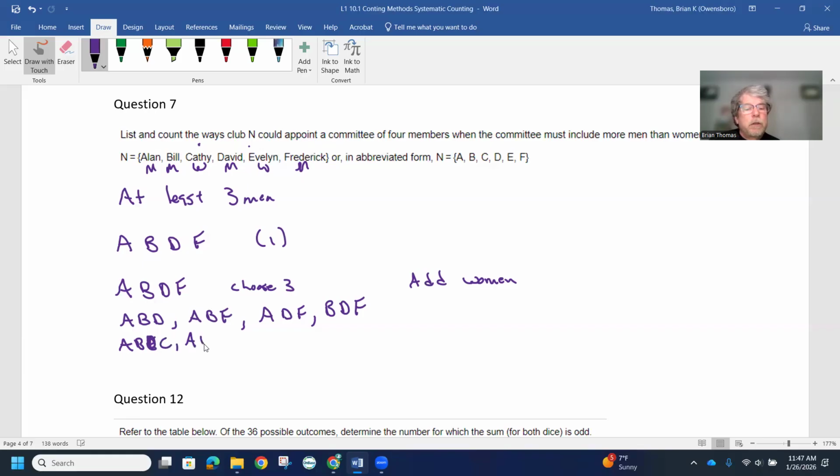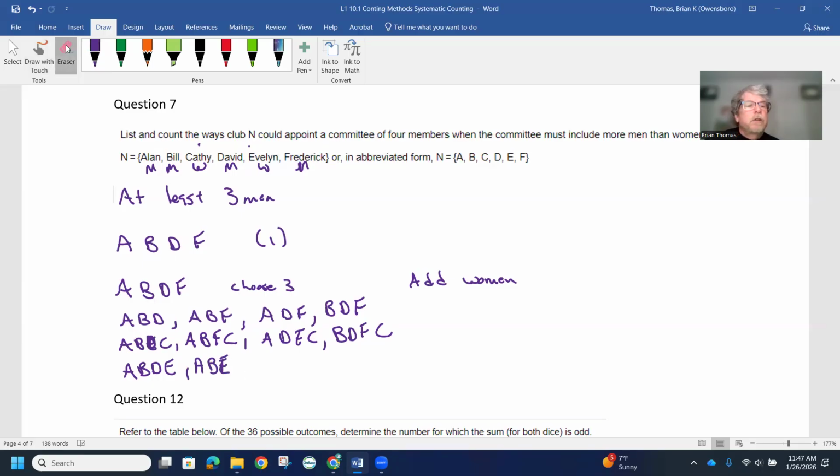And we can do ABF with Kathy, and we can do ADF with Kathy, and BDF with Kathy. Or instead of choosing Kathy, we could choose Evelyn. So we could go A, B, D, Evelyn, A, B, F.